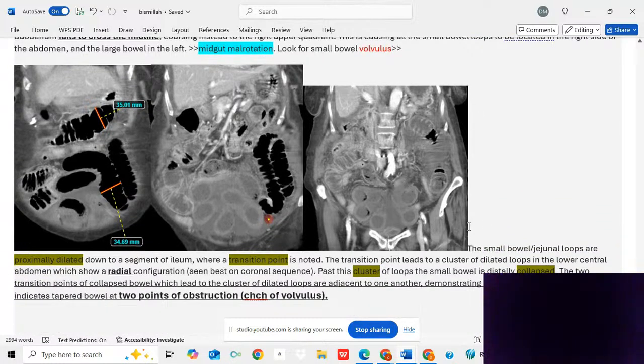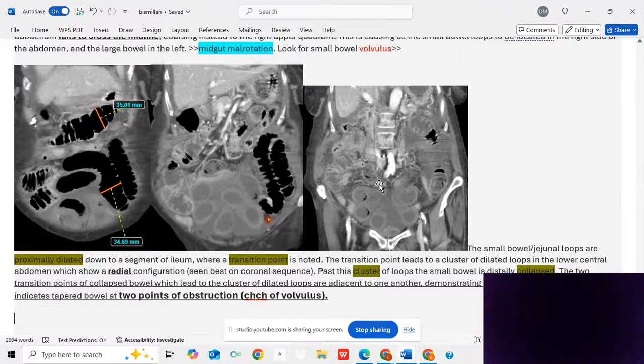Double beak sign. The first thing is, how do we know that there is a volvulus? What is the difference between volvulus and small bowel obstruction? We've got here proximal small bowel dilatation, but we have two transition points, or two points of obstruction. This is different from the small bowel obstruction.